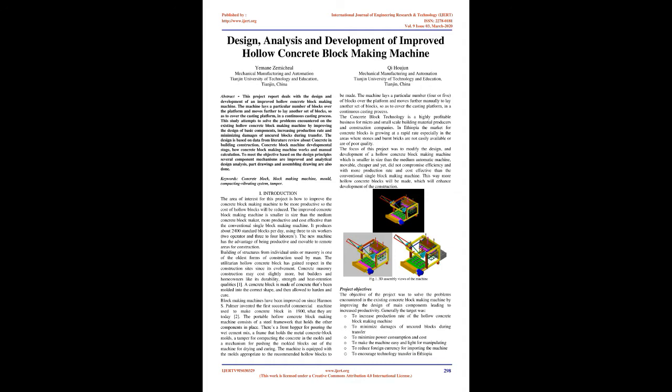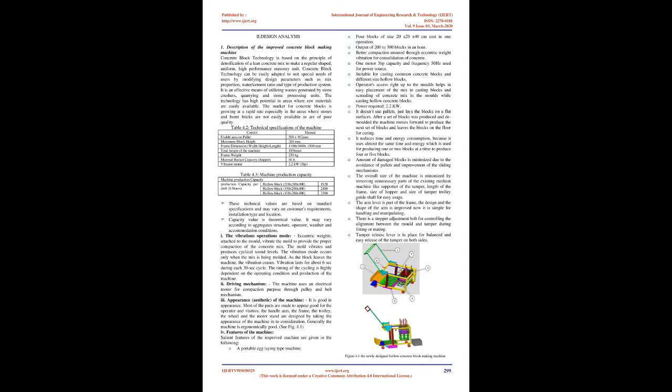2. Design analysis. 1. Description of the improved concrete block making machine. Concrete block technology is based on the principle of densification of a lean concrete mix to make a regular-shaped uniform, high-performance masonry unit. Concrete block technology can be easily adapted to suit special needs of users by modifying design parameters such as mix proportion, water/cement ratio and type of production system.